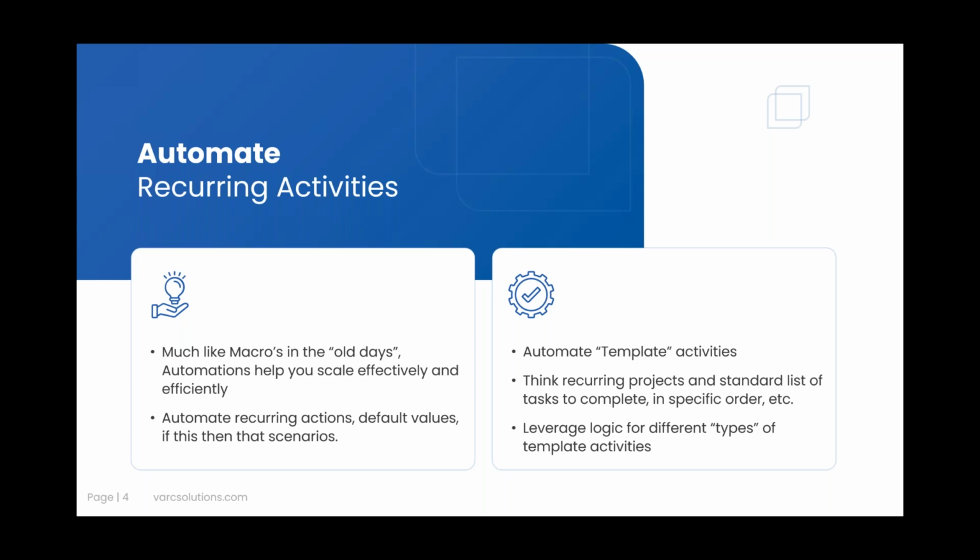Commercial construction projects might have a different template or list of activities than a residential construction project. So if you're filling out a form or you're starting to do the tracking for a new project, and you put in there, is it commercial or residential, that in and of itself ought to drive the automation so that it's pulling in the right activities for that type of project.